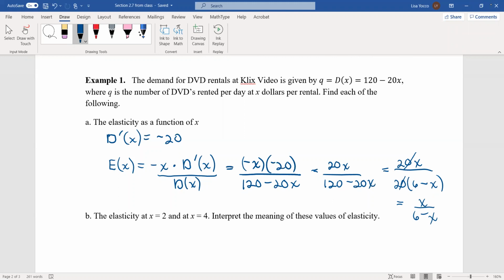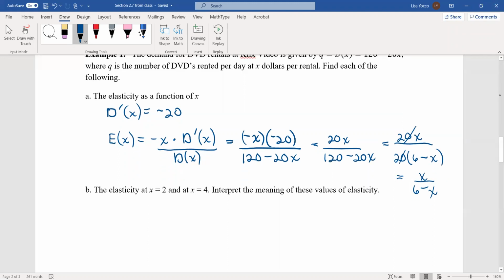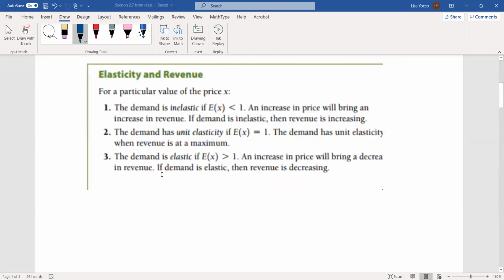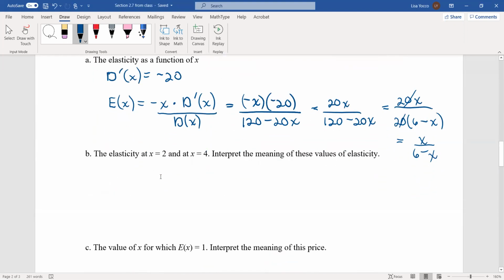Okay. All right, so for part B, find the elasticity at 2. I figured out how to make this not jump around. So we'll call that E of 2. So that's going to be 2 over 6 minus 2, which is 1/2. All right, so in this case, E of 2 is less than 1.